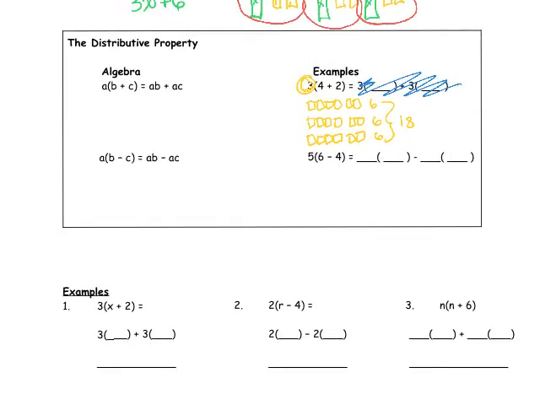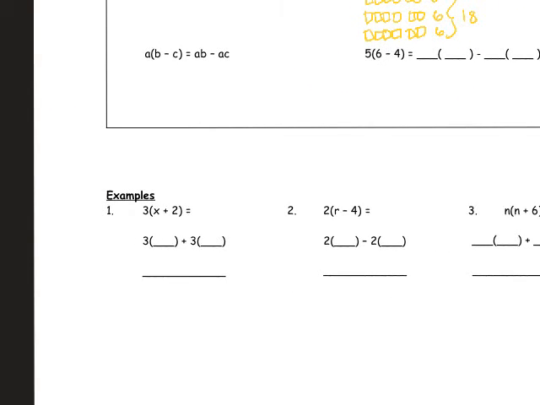Let's move on down further, because there's no variable in those examples, so I think it's actually more confusing. What they're wanting you to see here is that you're taking this 3 and you're multiplying x 3 times, and you're multiplying 2 3 times.